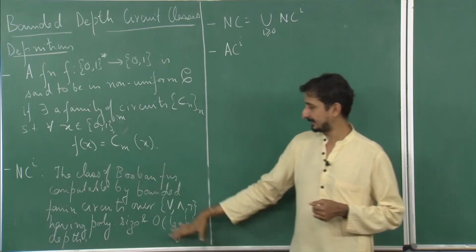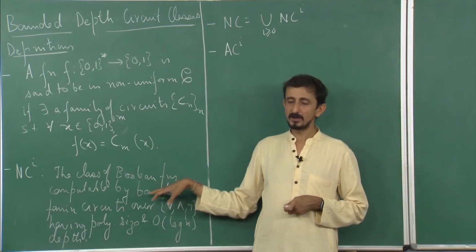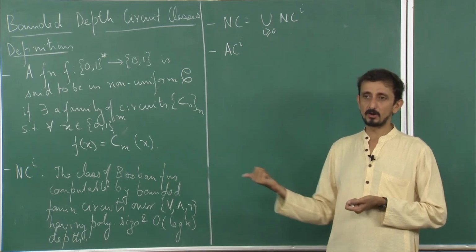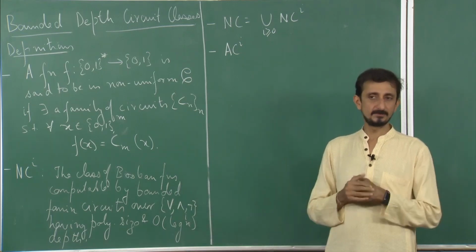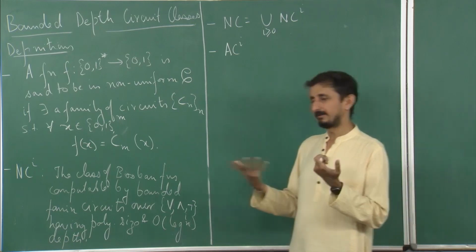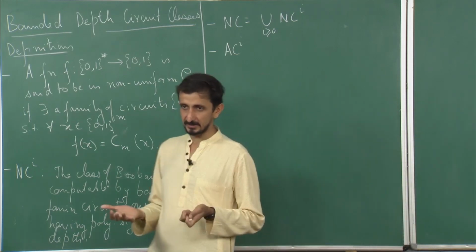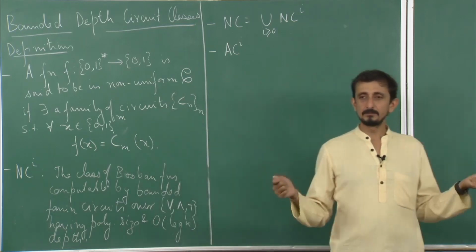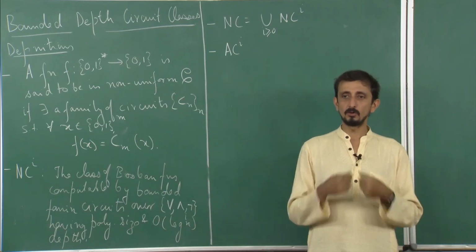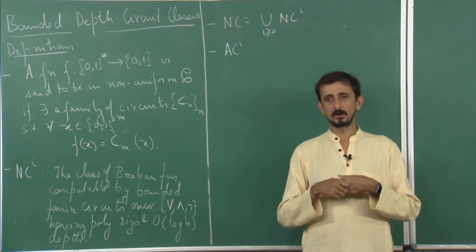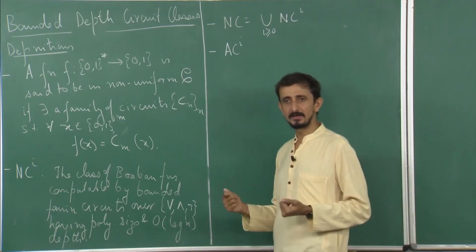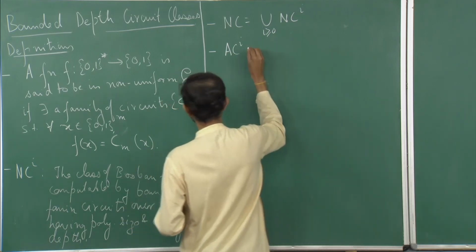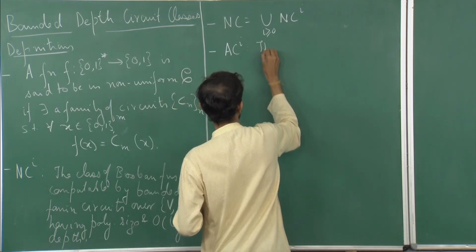AC^i is exactly the same, but instead of bounded fan-in we allow unbounded fan-in. So we can have an AND and OR gate which can take an arbitrary number of inputs. The definition is of course very natural. An AND gate with k inputs outputs 1 if all the k bits are 1, and an OR gate with k inputs will output a 1 if at least one of them is a 1.